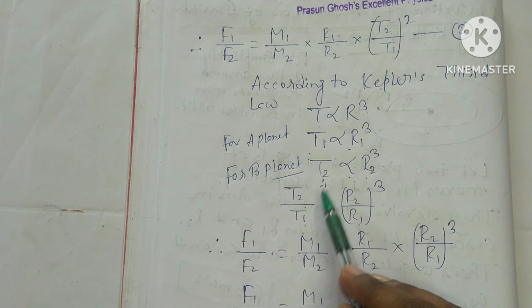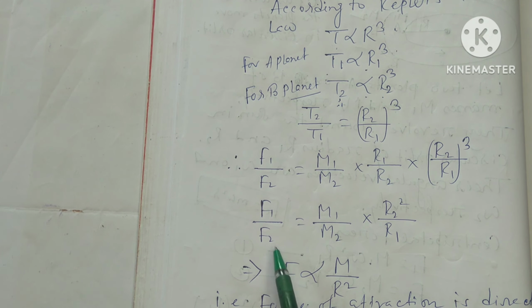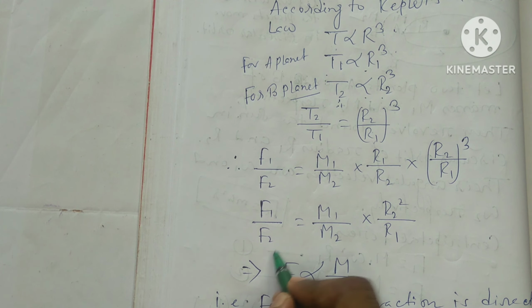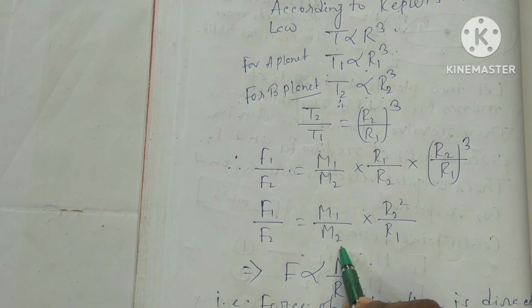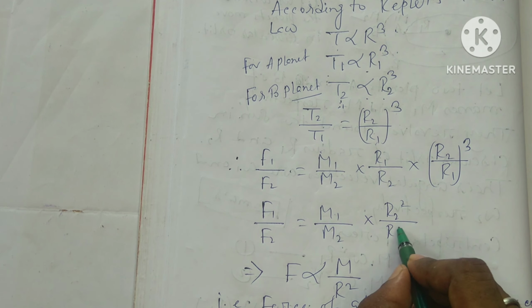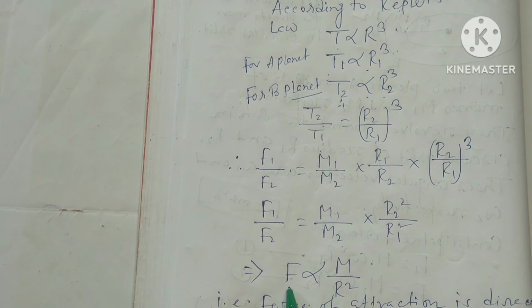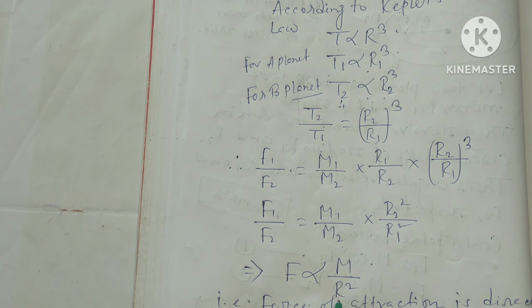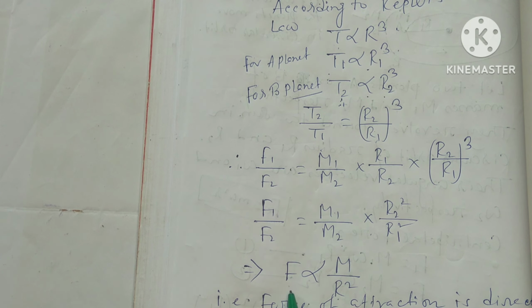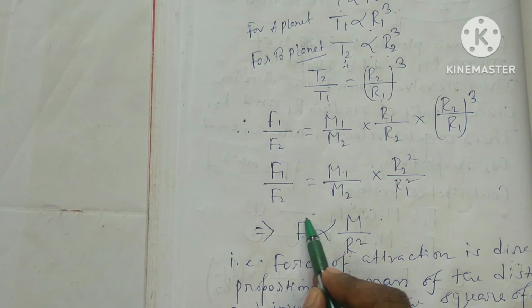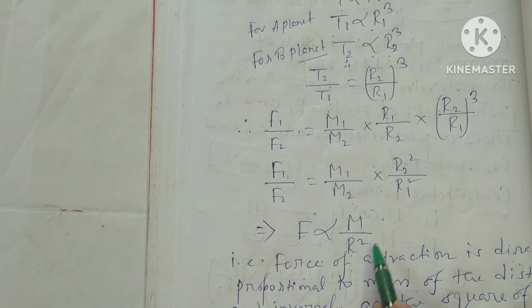So putting this value in this equation, we can write F1 by F2 equal to m1 by m2 into r2 square by r1 square. So we can write F proportional to m by r square. So this is the force of attraction, this is the mass, this is the distance between the masses.